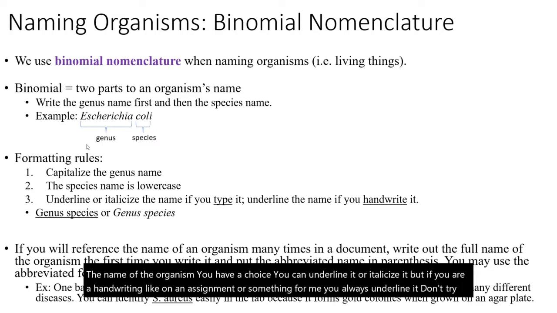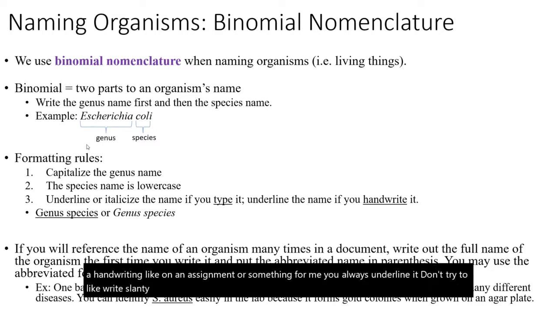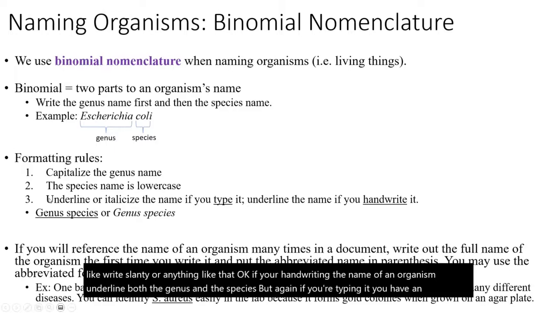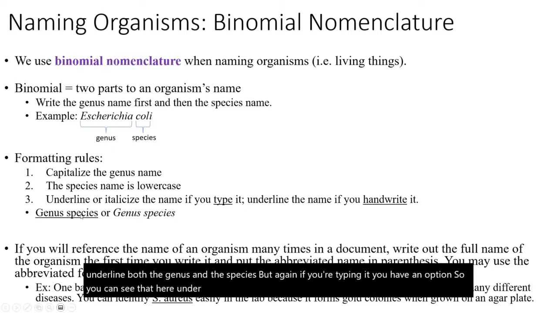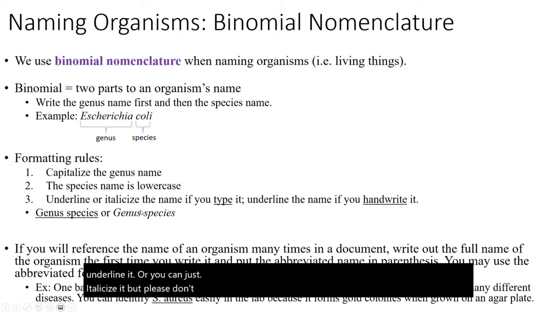Don't try to write slanty or anything like that. If you're handwriting the name of an organism, underline both the genus and the species. But if you're typing it, you have an option. You can see that here under the example for formatting rules. You can just underline it or you can just italicize it, but please don't do both.